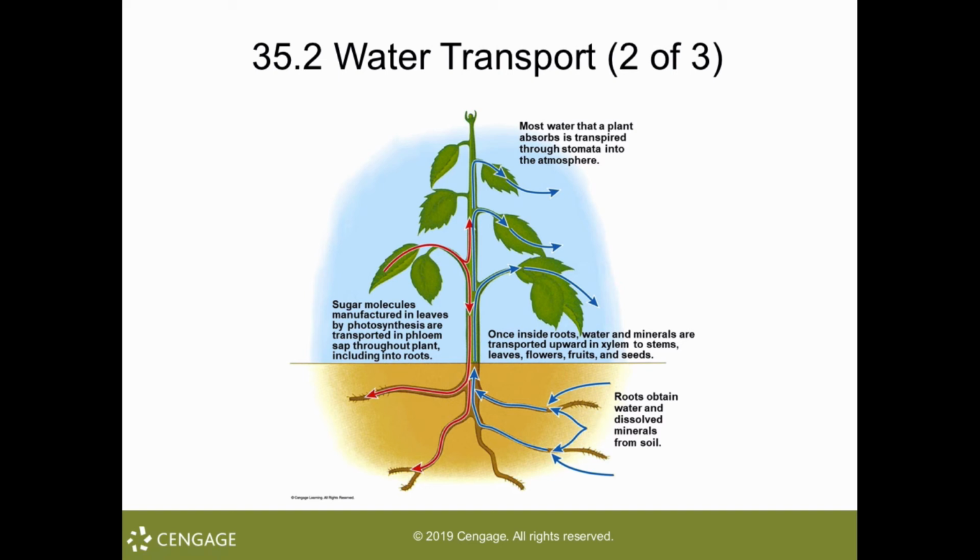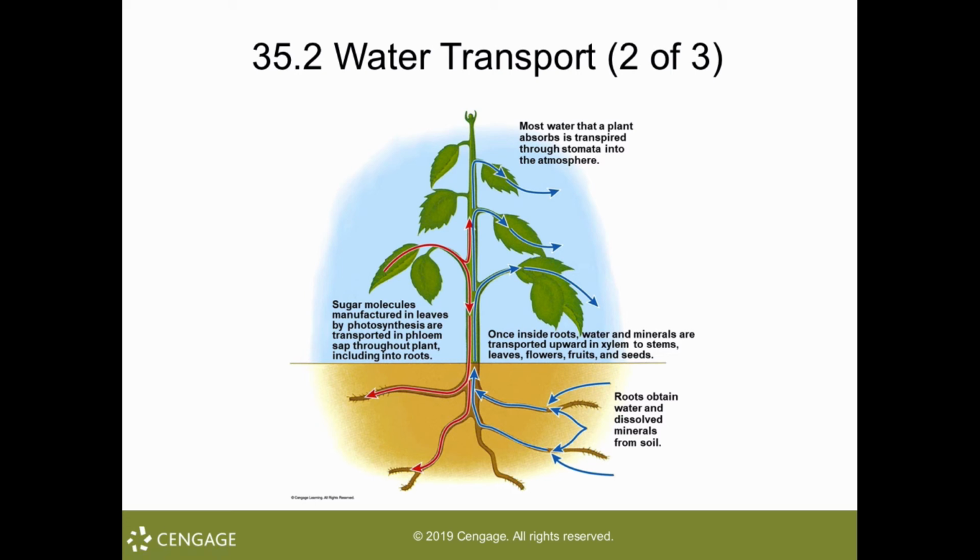So with this being the case, as this water is moved, water initially moves horizontally into the roots from the soil, passing through several tissues until it reaches the xylem. Once the water moves into the tracheids and vessel elements of the root xylem, it travels upward through a continuous network of these hollow, dead cells from root to stem to leaf.